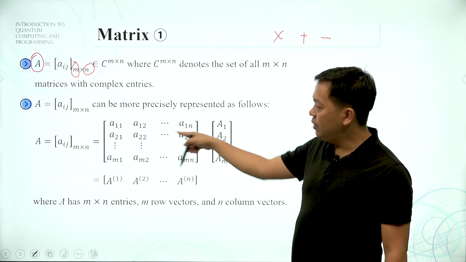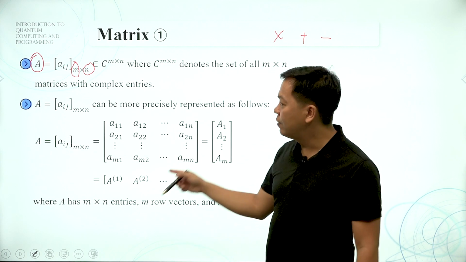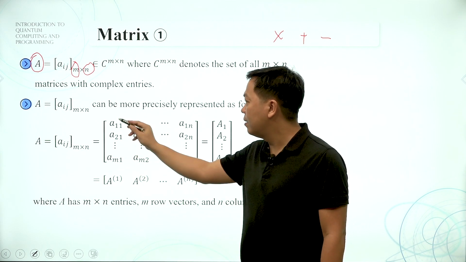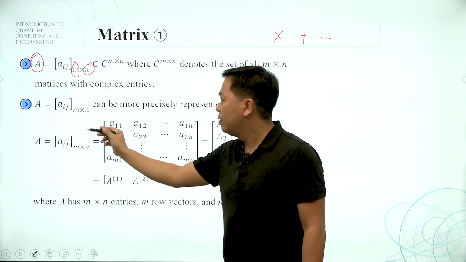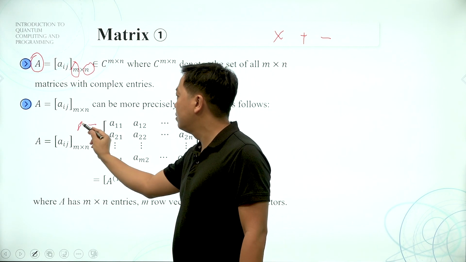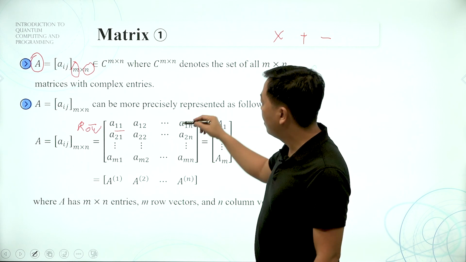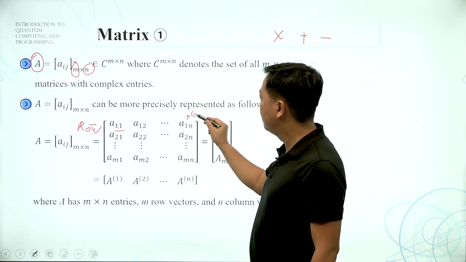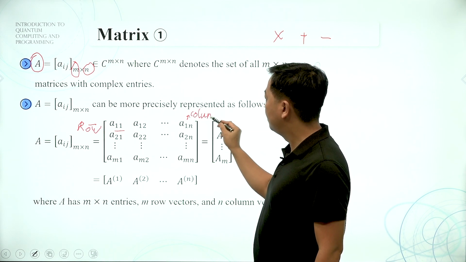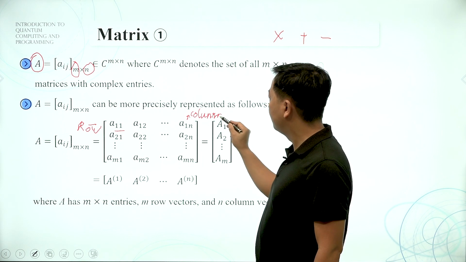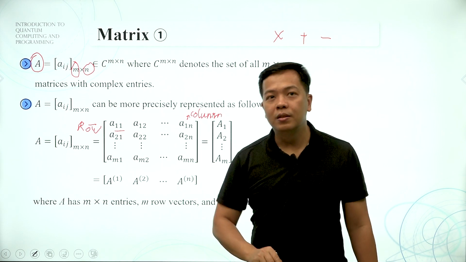So if you see this version, we have two dimensions, right? These are the rows, and these are the columns.